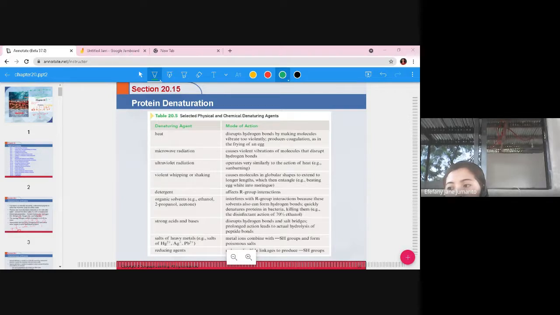Under different pH, there will be different structures of your amino acids. Under acidic solution, or low pH, the NH2 amino group is protonated.